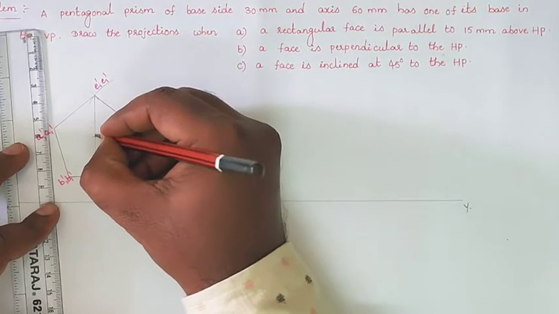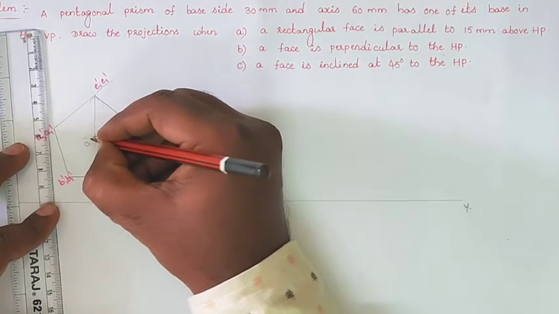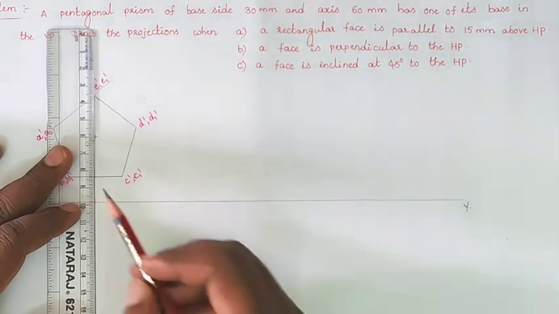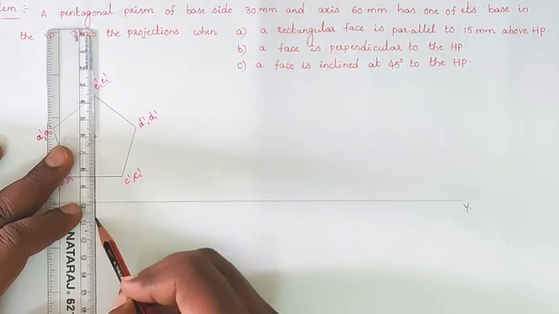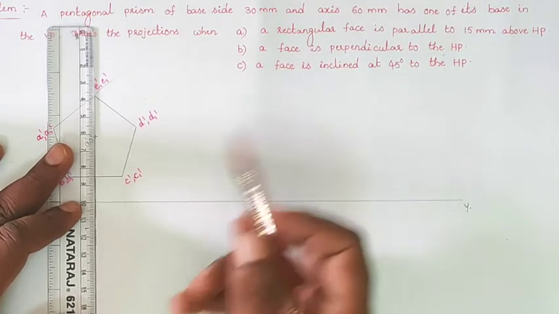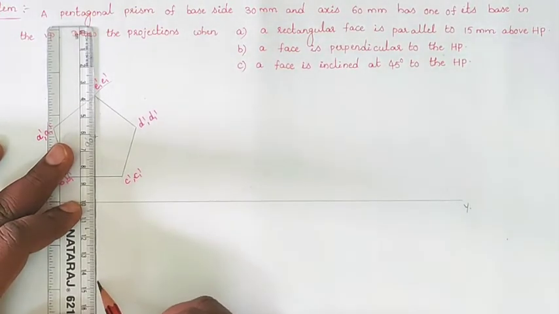This is the center O dash, O1 dash. Next, from the center we will draw the axis line. From the reference line, the axis height should be 60, as given.